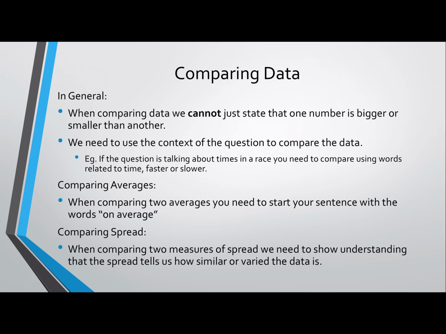So with comparing means or medians or modes, whatever you're comparing, you need to say "on average" to start it off. And when we're comparing spread, we need to show that we understand that the bigger the number we have for our spread, the more varied it is, or the smaller it is, the more similar they are.